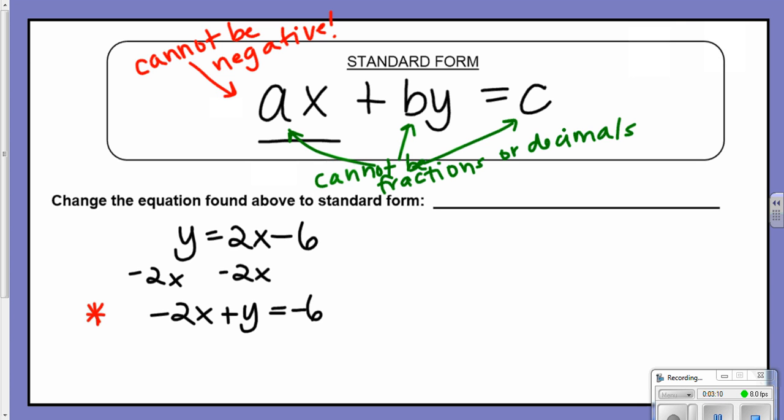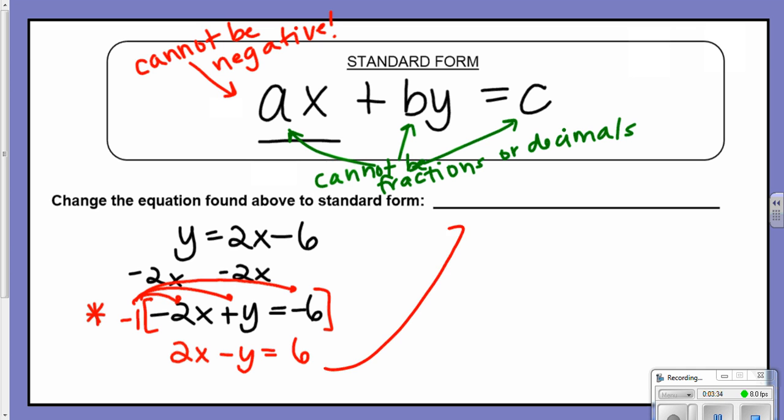So looking at negative 2x plus y equals negative 6, what can I do to prevent that x coefficient from being a negative? I can actually just take this whole thing and multiply it by a negative 1. That means literally every single term is going to lose its negative. So this becomes positive 2x, negative y, and positive 6. Okay?